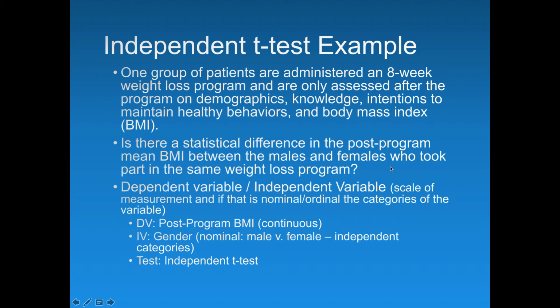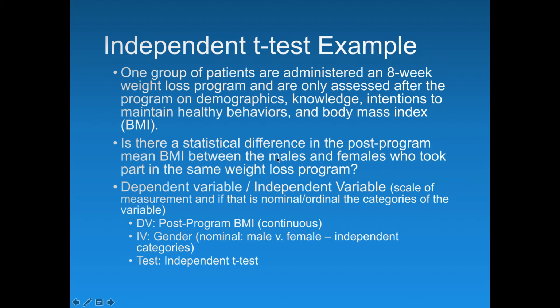So here we're first going to identify the dependent and independent variable. The dependent variable has to be continuous because we're using an independent t-test. So of the variables listed here, what's continuous?